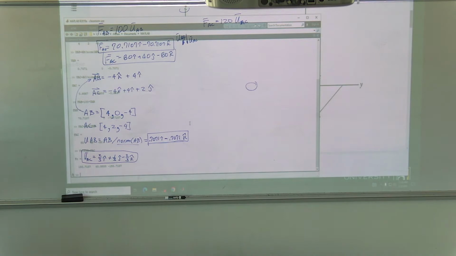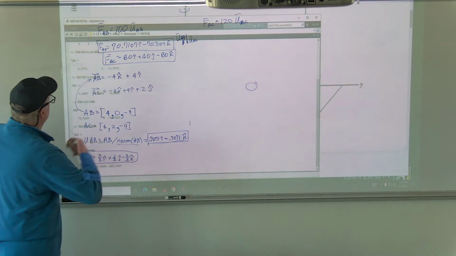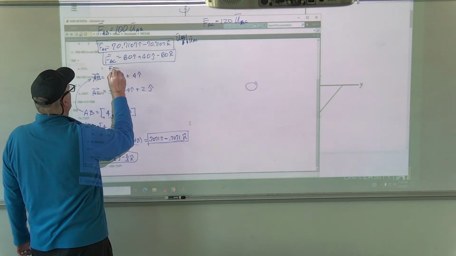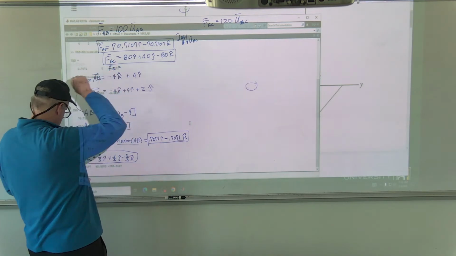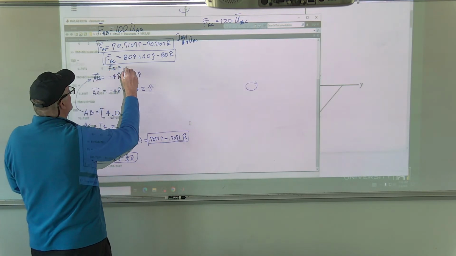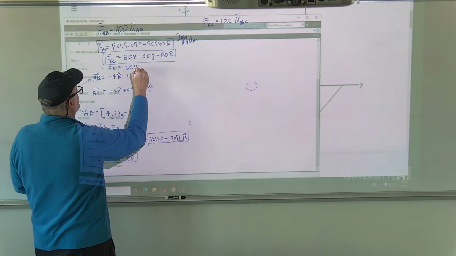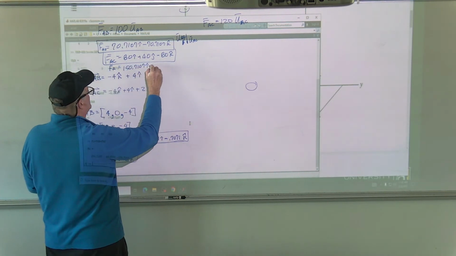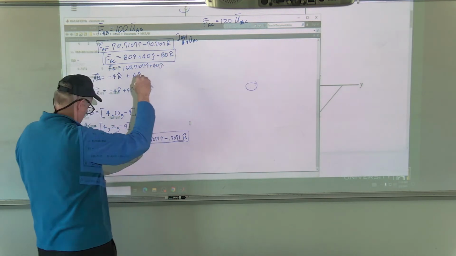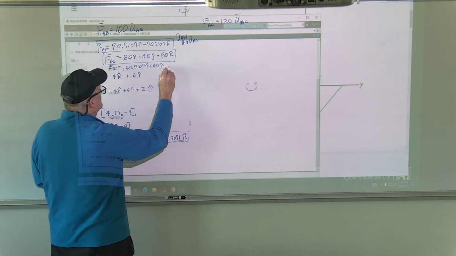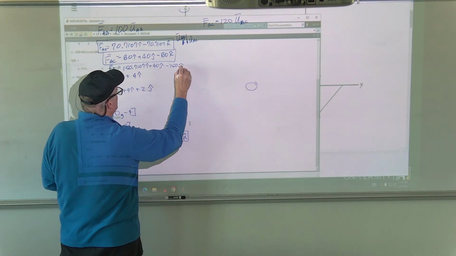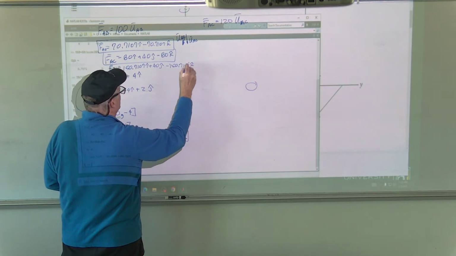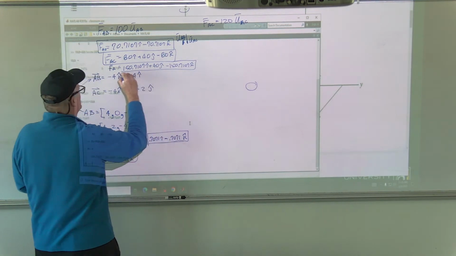You add these two together and you get a resultant vector of those two forces equaling 150.7107 I plus 40 J minus 150.7107 K. And so those are those two things added together.